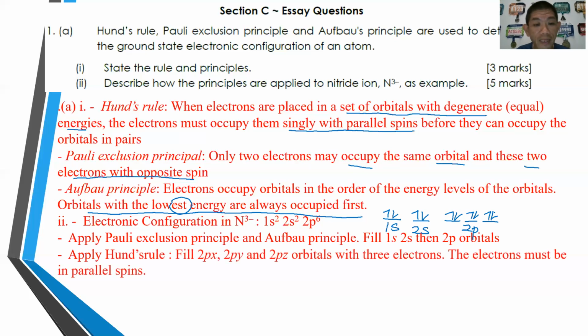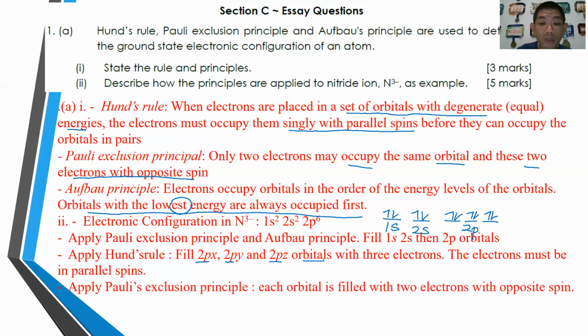Starting with Hund's rule, which is only applicable for the 2p orbitals, where each of these orbitals is occupied first with parallel spin before pairing. So you must mention that the 2px, 2py, and 2pz orbitals are filled with electrons first before pairing. That is for Hund's rule.